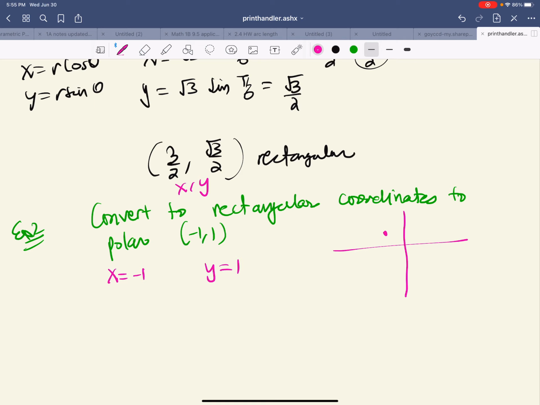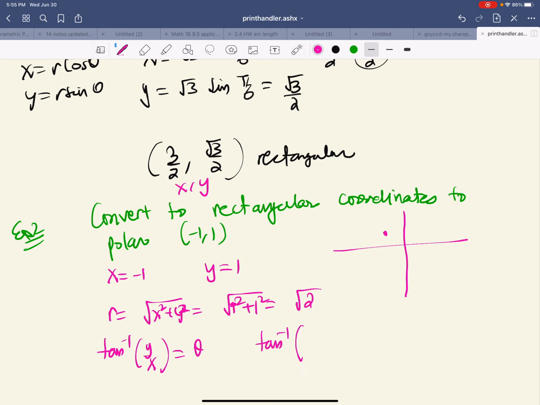We earlier saw that r is the square root of x squared plus y squared. So r comes out to be the square root of 1 squared plus 1 squared, which is square root of 2. Then tangent inverse of y over x is equal to theta, so tangent inverse of 1 over -1, which is tangent inverse of -1.